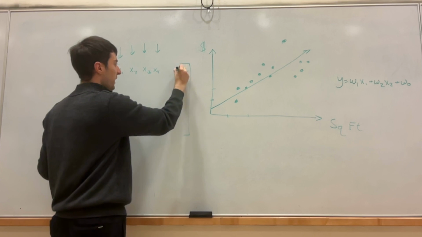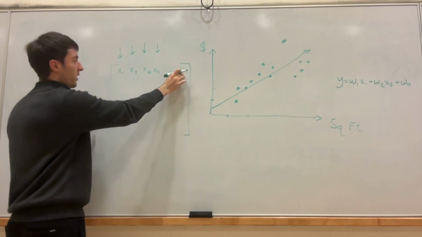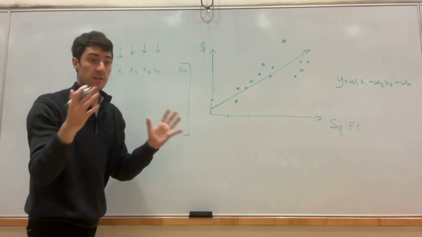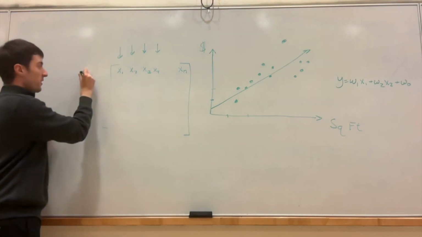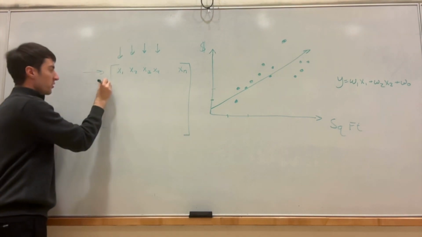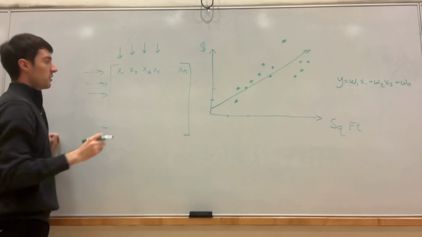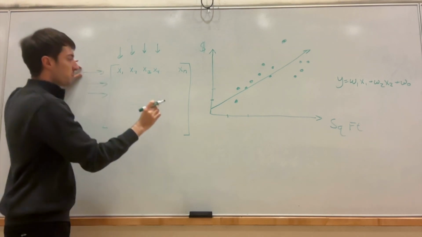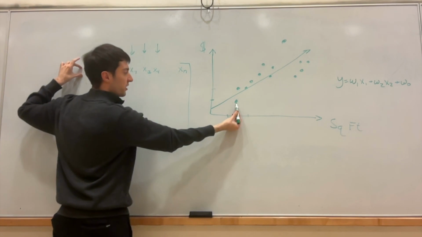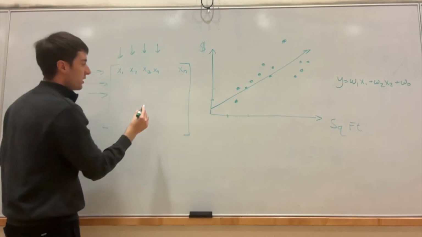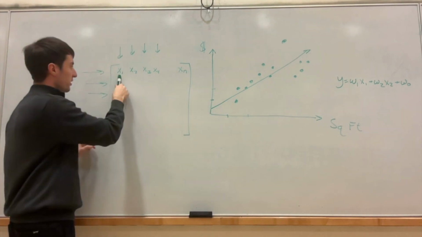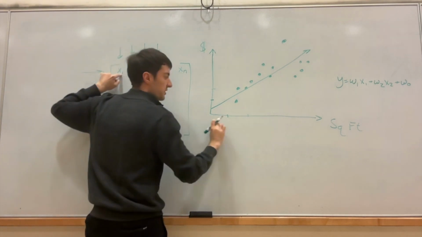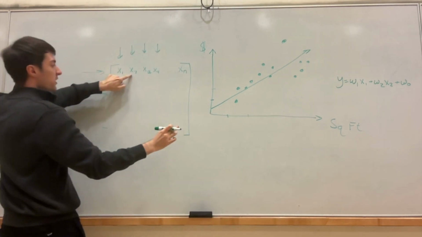So we go up to xn, if n is how many dimensions there is, okay? And then each of these is going to be a different training example, okay? So this first one corresponds to this first one here, right?